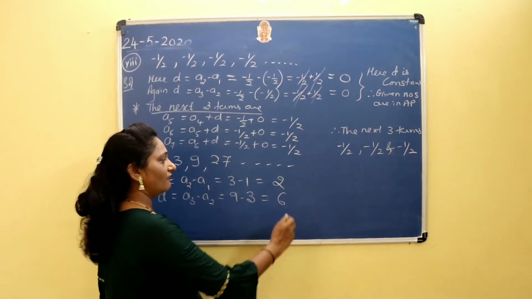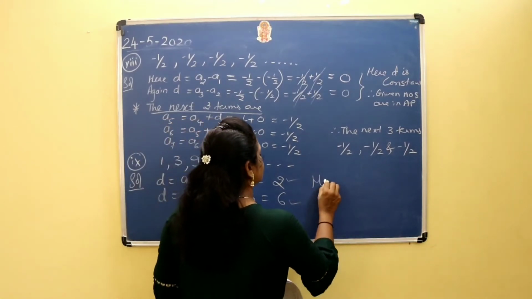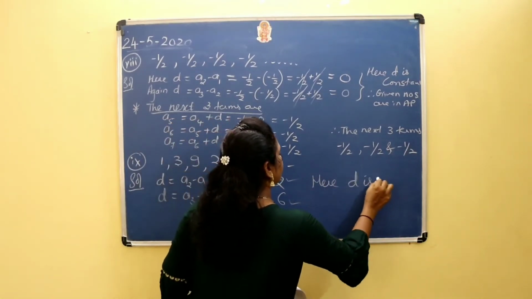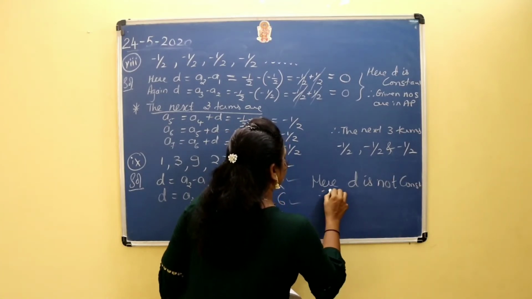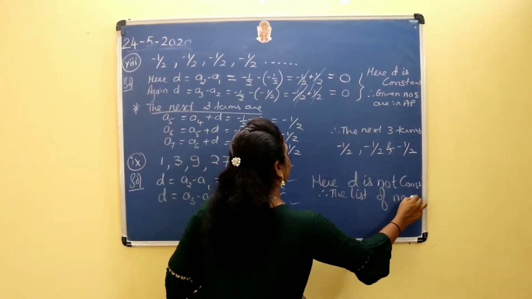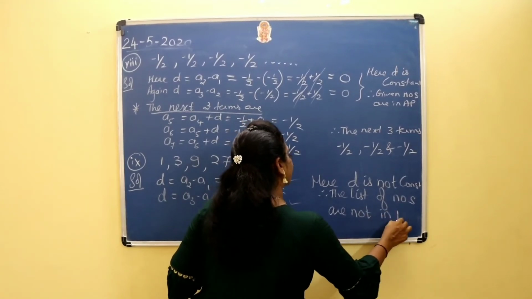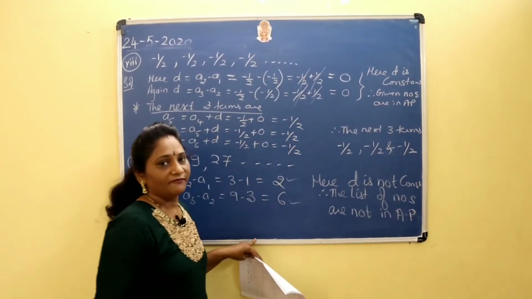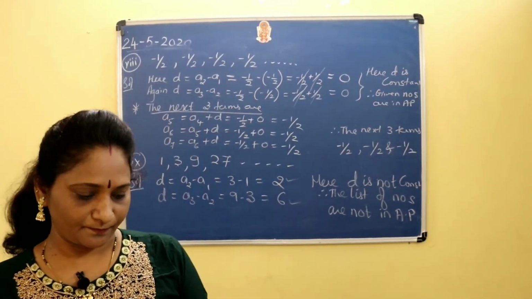You can see that one D is 2, the other D is 6. Here D is not constant. Therefore, the list of numbers are not in arithmetic progression. When they are not in arithmetic progression, you need not find the next three terms.